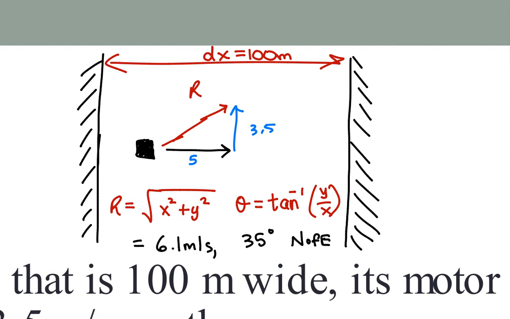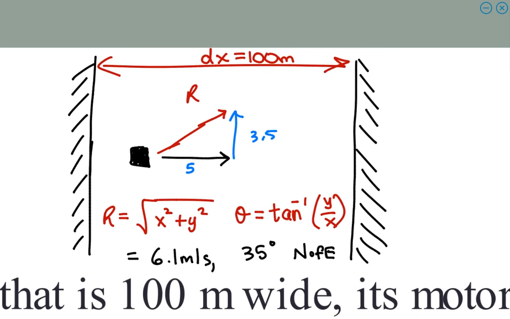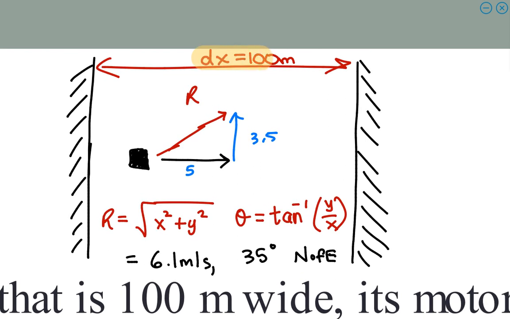This is the last question we're doing, so I'm going slow, but that's on purpose, and you'll have time to work, so don't panic. That dx goes with the vx. Okay? The 100 meters goes with the 5 meters per second.